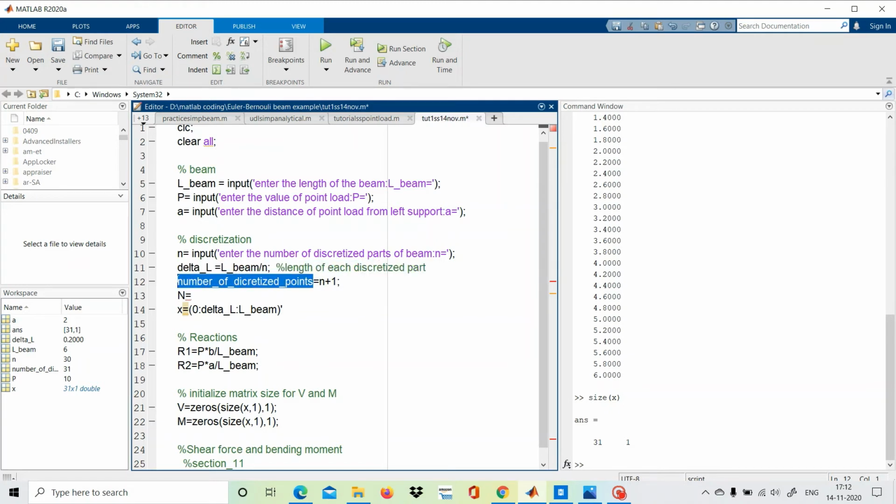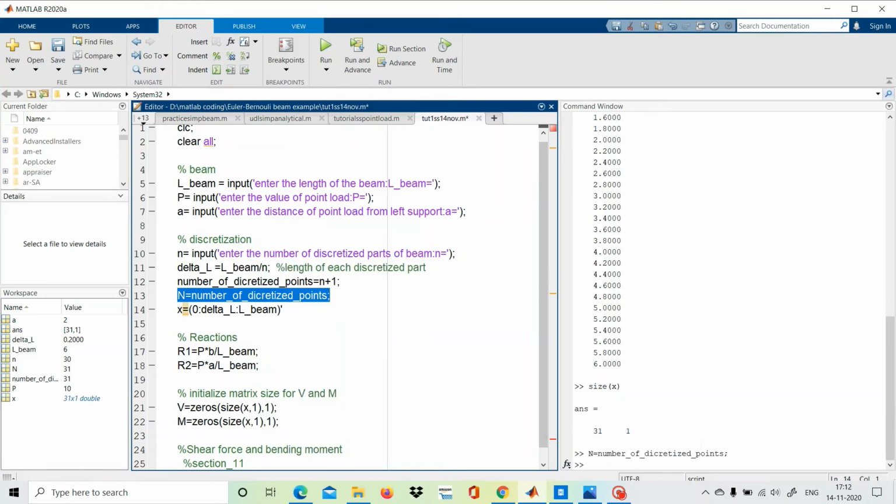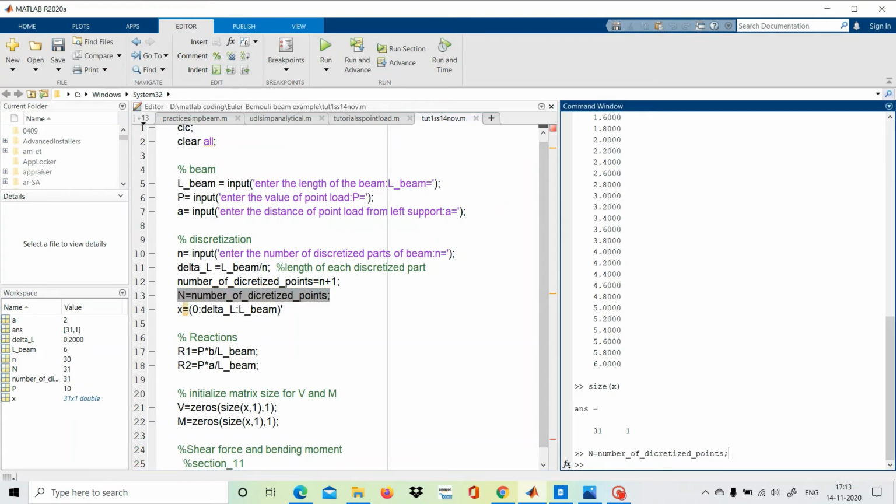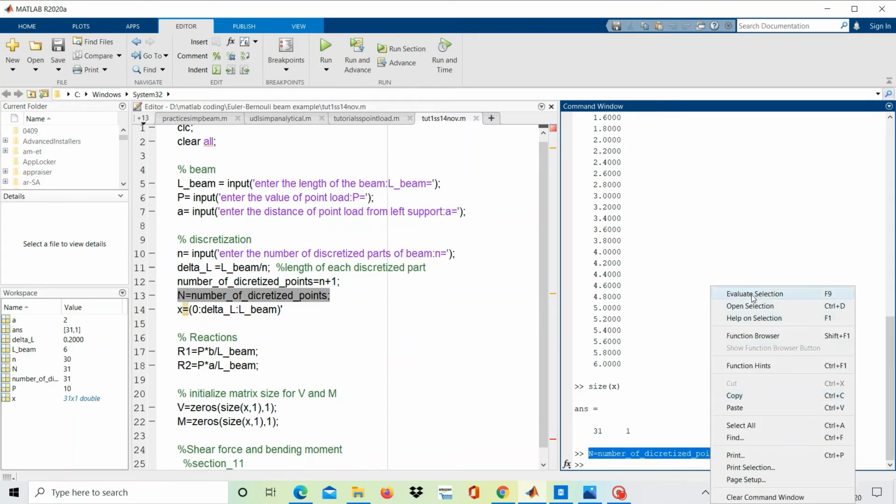Control C, we can give control V. Okay, so we can also see the value of this. The number of discretized points will give, let's see what the value is.